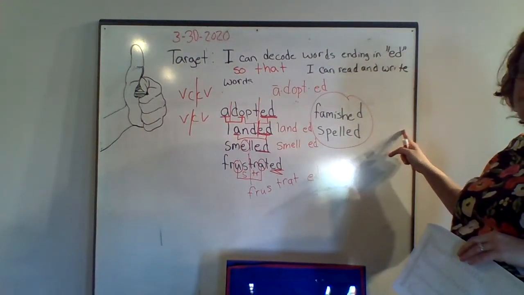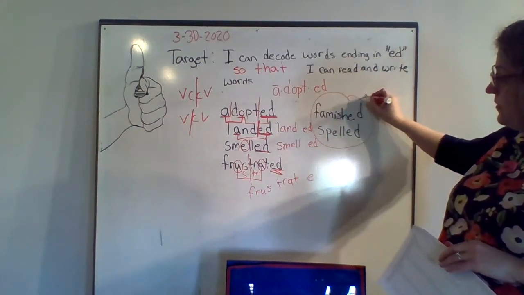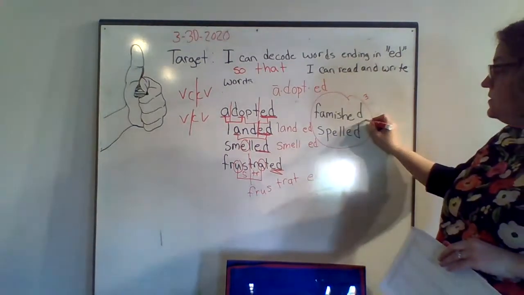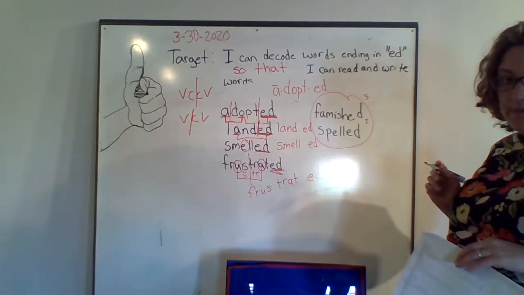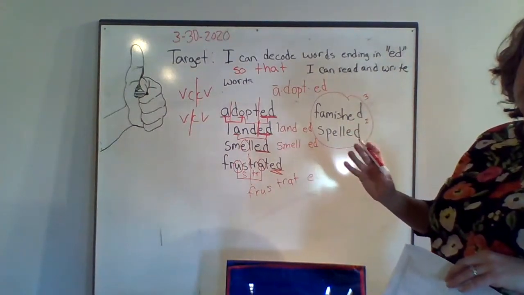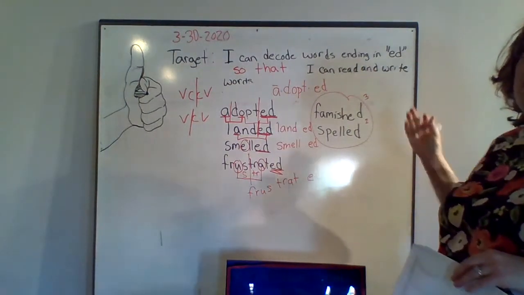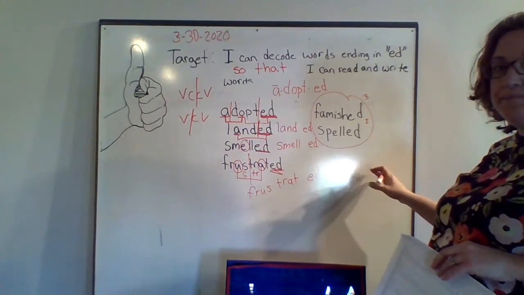Right? So this is going to have 3 syllables. This one is going to have 2 syllables. But I want you to show me how you would decode them. Remember, ED is always by itself because it's added to the word. We can take it off, put it on, but it's by itself. Does that make sense? Okay.